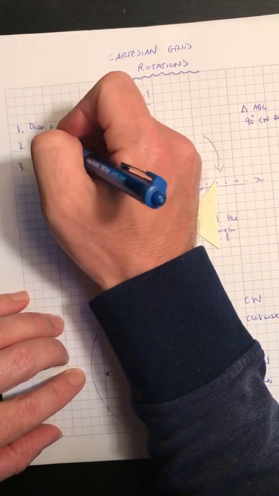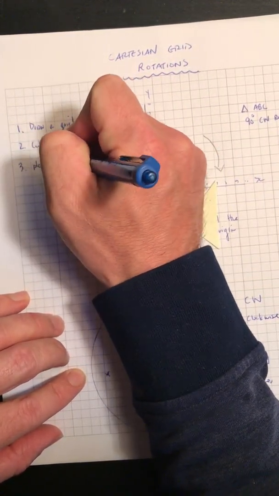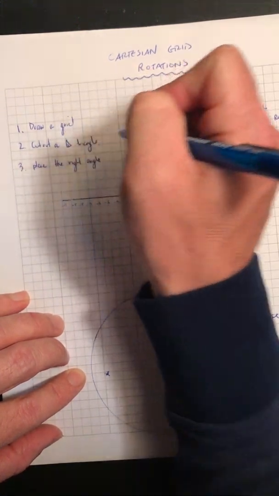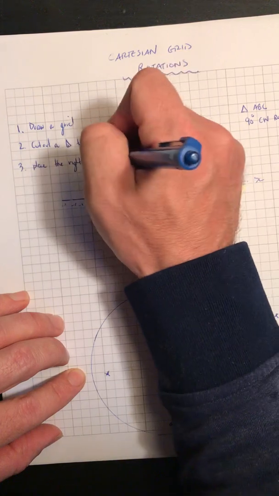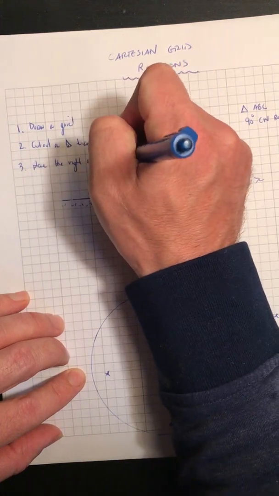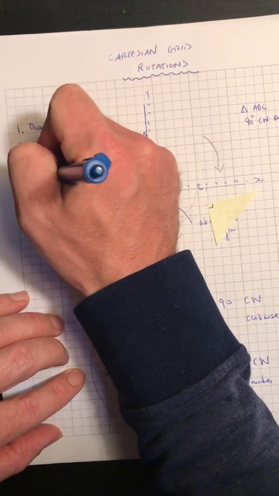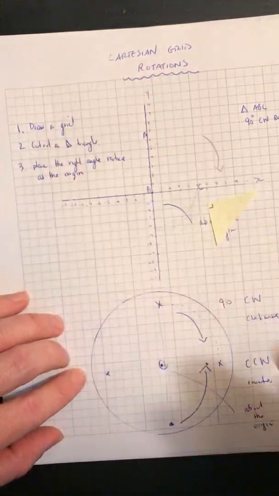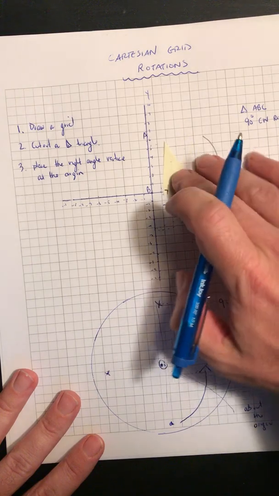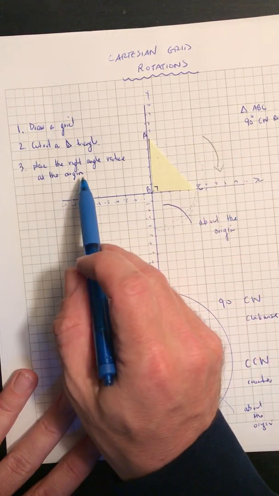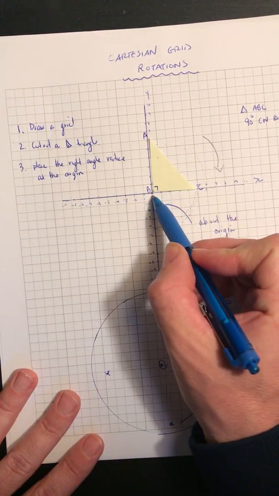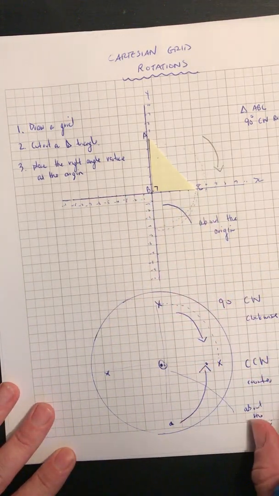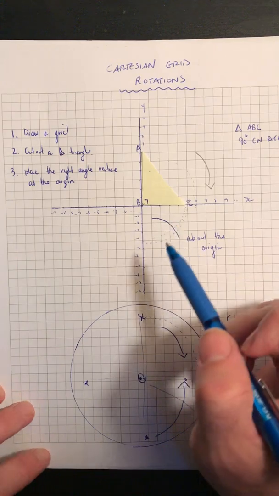Place the right angle. I want you to place the right angle vertice at the origin. That's what we've done here, right? In this instance, that right angle vertice is B, and that's at the origin, okay?